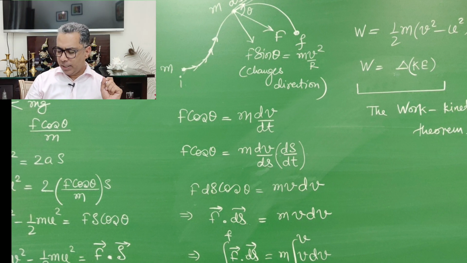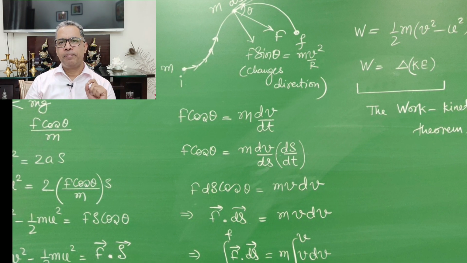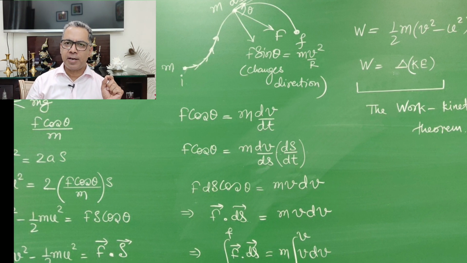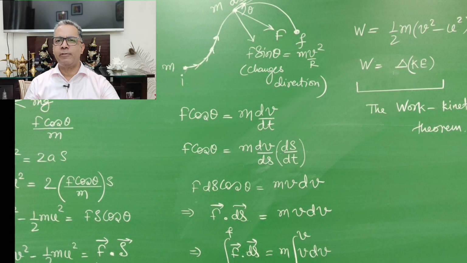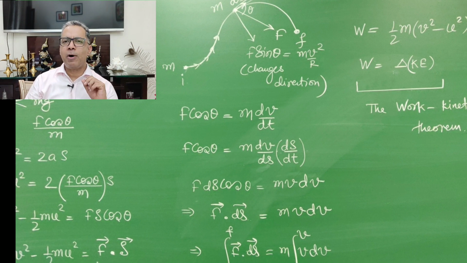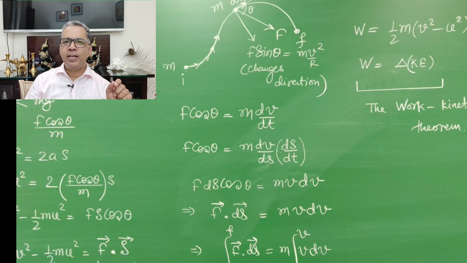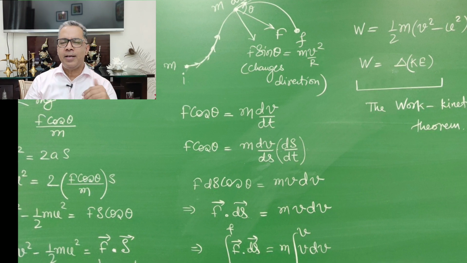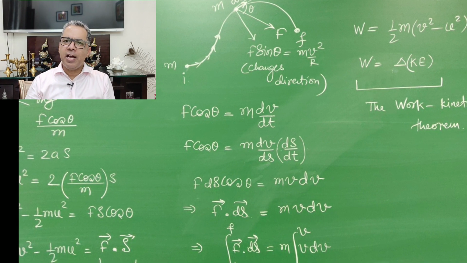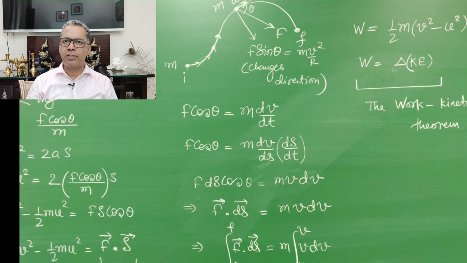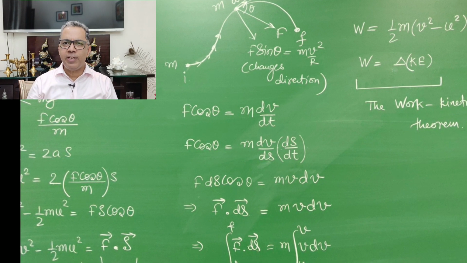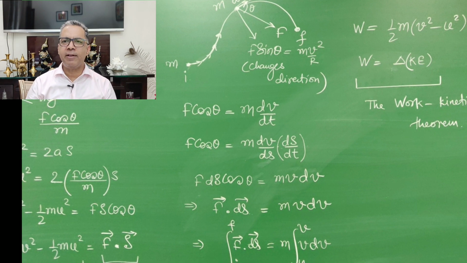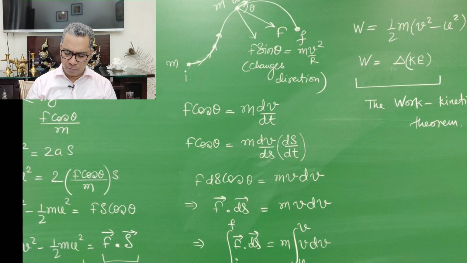Now remember, this integral of f dot ds is the summation of the tiny amounts of work that are done in all those tiny displacements of ds each. So the first amount of work is f into the first ds times the cos of the angle theta there. So we are adding up all the tiny amounts of work along the path: first f dot ds plus the second f dot ds plus the third f dot ds, and so on and so forth.